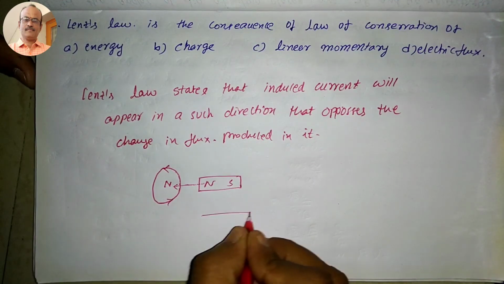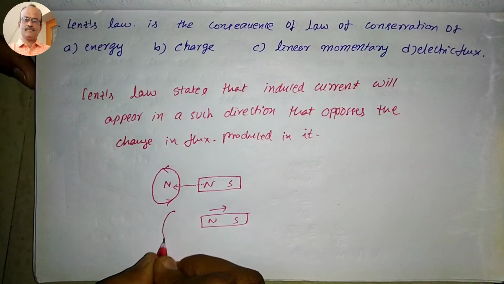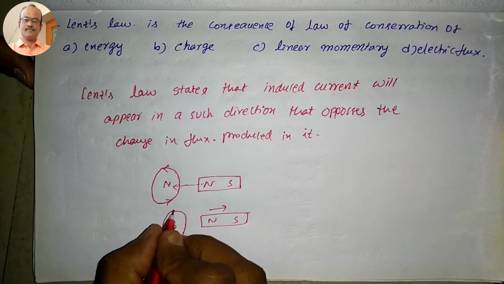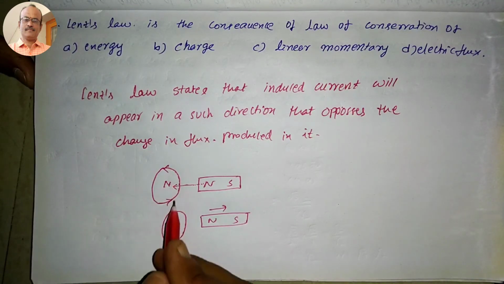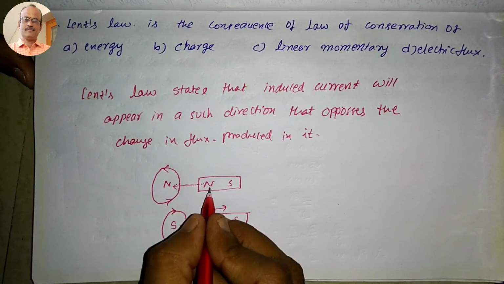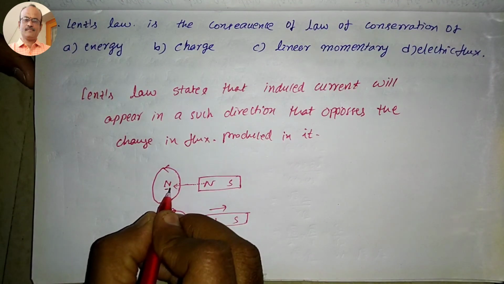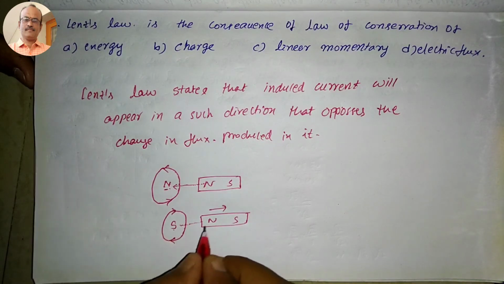Suppose when the north pole is moving away from the coil, again here forms south pole and we are getting the current like this. So that means induced current always opposes the change produced in it. When it comes towards this one, forming north pole, it opposes the motion, and moving away again forming the south pole, it opposes the motion.